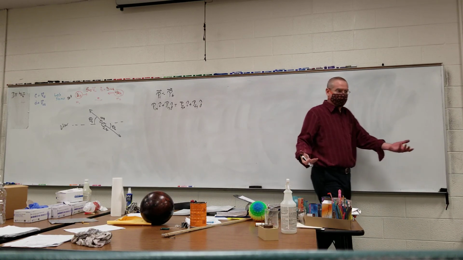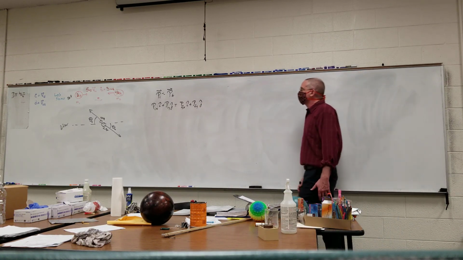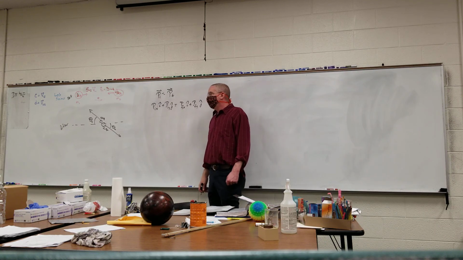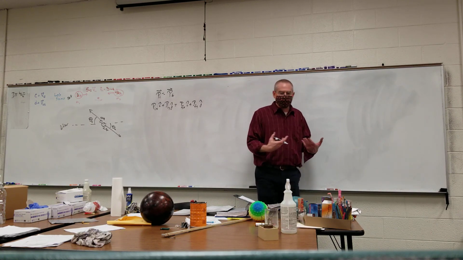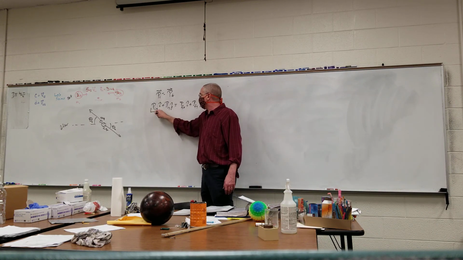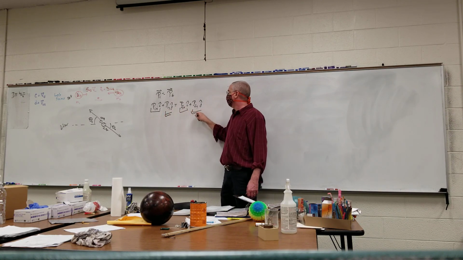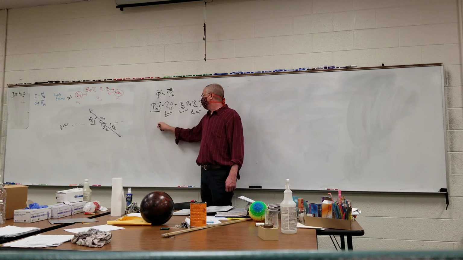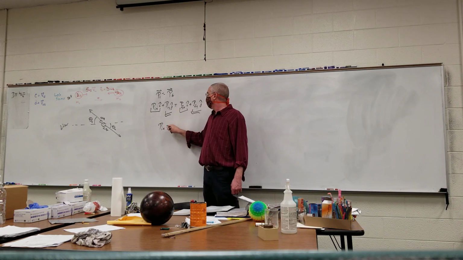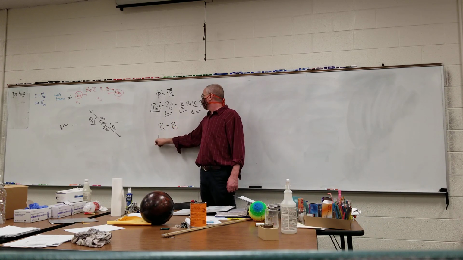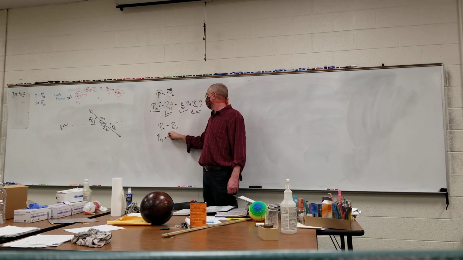It's a vector, I can break it up into coordinates. Whenever you have 2 equations with unit vectors like that, they have to match up. The i hats have to be equal and the j hats have to be equal. In other words, P_ix must be equal to P_fx, and P_iy must be equal to P_fy.